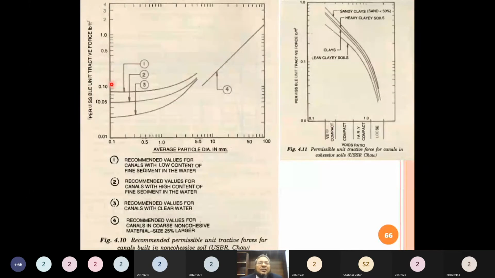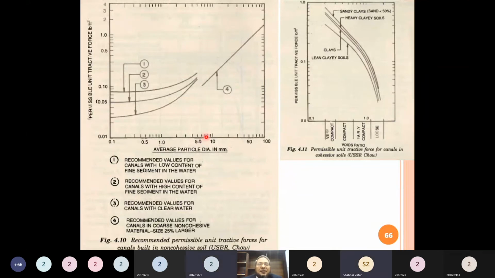Okay. So what happens with the increase in diameter of the bed material to the tractive force? क्या हो रहा है जी? In all three curves, and even the 4th curve, with increase in diameter of the bed material, the critical tractive force increases. ऐसे ही है?